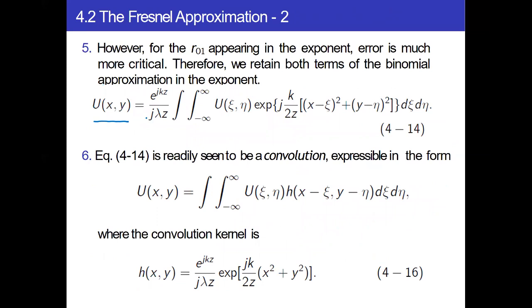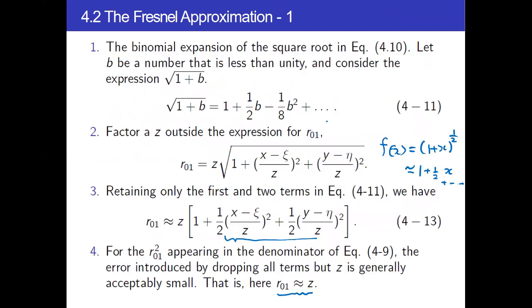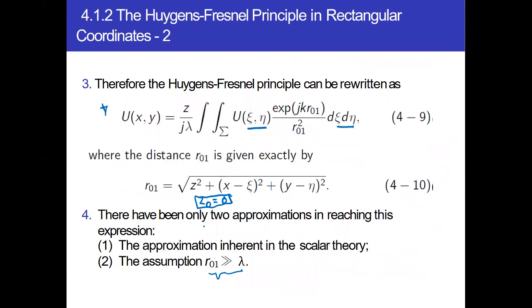And then this is given by U(xi, eta) on the aperture plane. Okay. And then this exponential, the spherical term, this term has been taken away. So remember that.